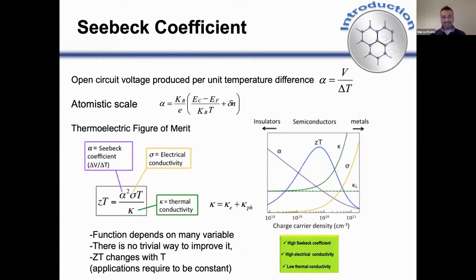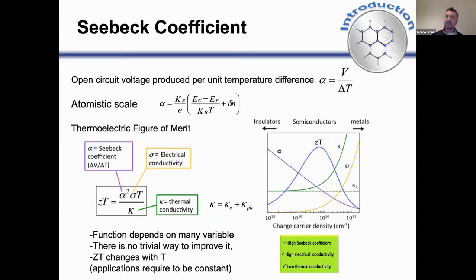Now, I repeat what was just said, but I think it's worth doing. The key quantities in the thermoelectric effect are the Seebeck coefficient, which, from a microscopic point of view, can be defined by the ratio between the difference in voltage and the gradient in temperature. From the atomistic scale, it can be calculated based on the knowledge of the electronic structure.